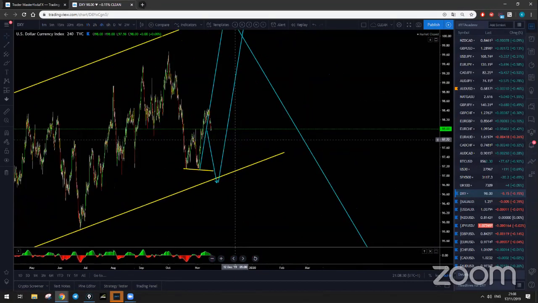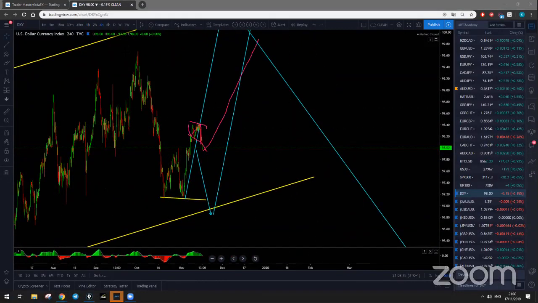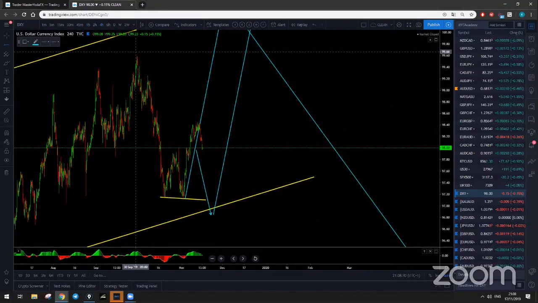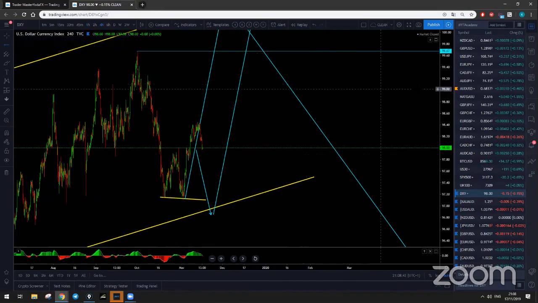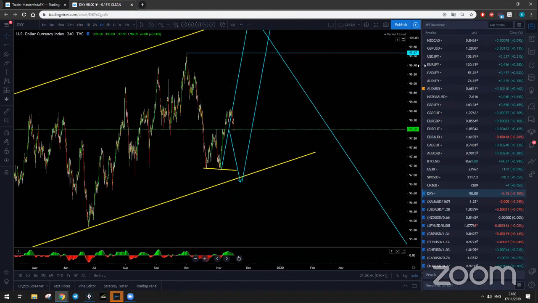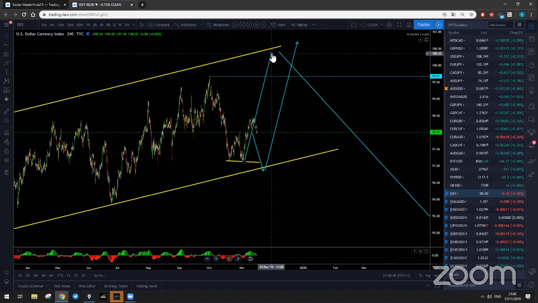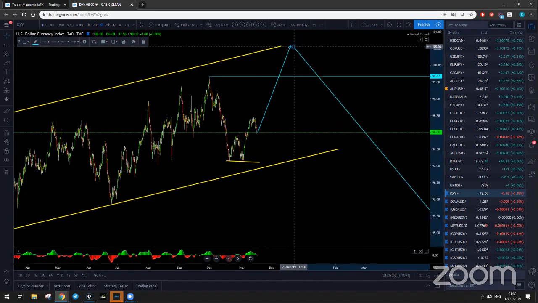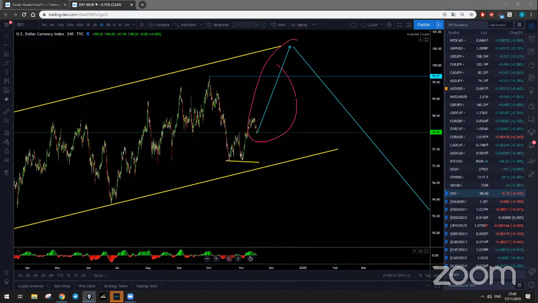There's a nice pattern for the buy, and I recommend you stay a buyer on DXY, because the price will go tag that top. I will also delete all those arrows so it will not confuse you. So wait for the price action and trade the USD to the upside. I don't see that it will completely reverse to the downside.